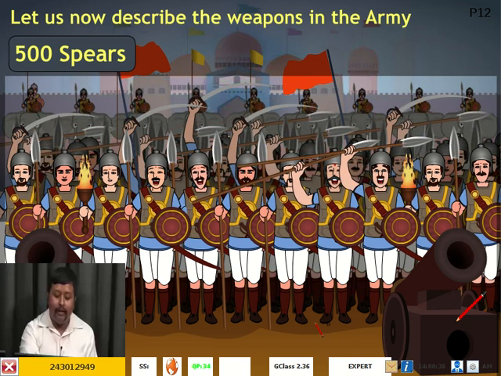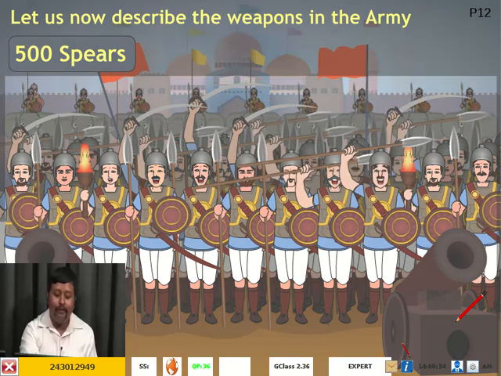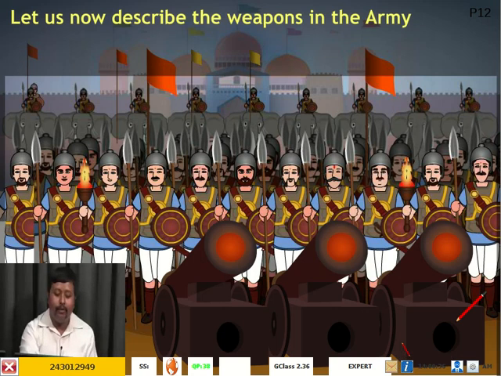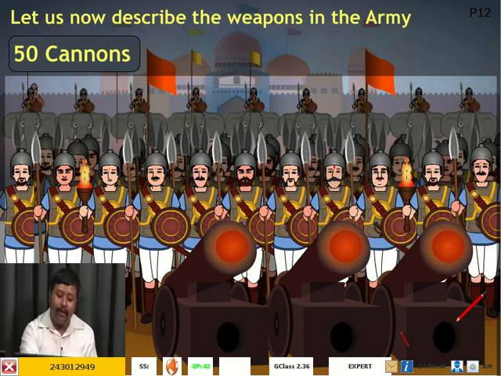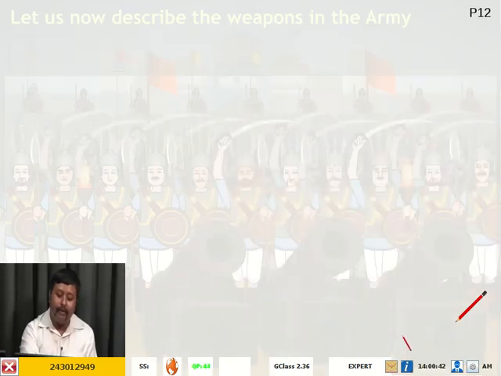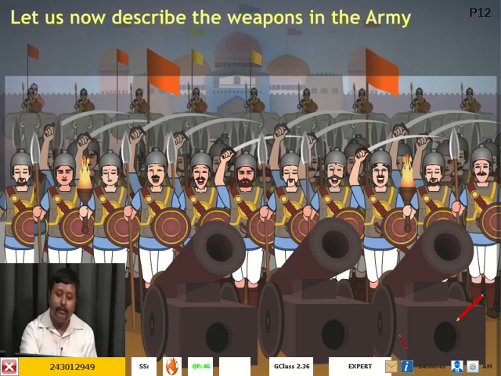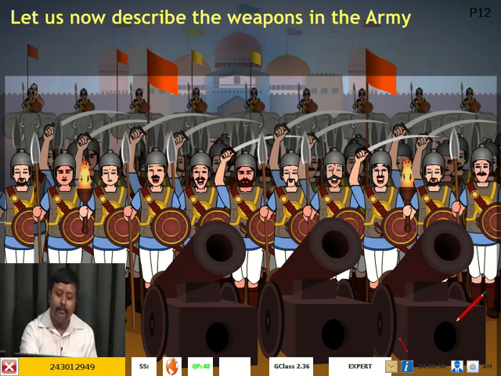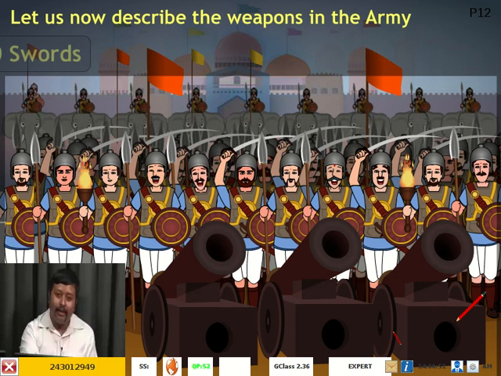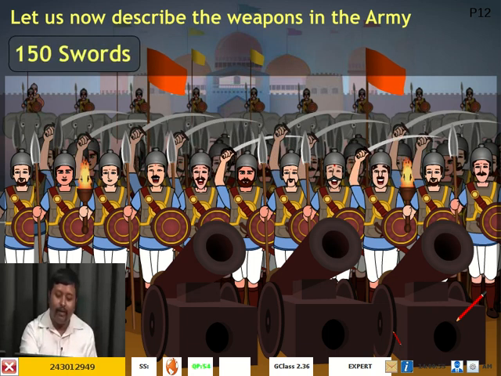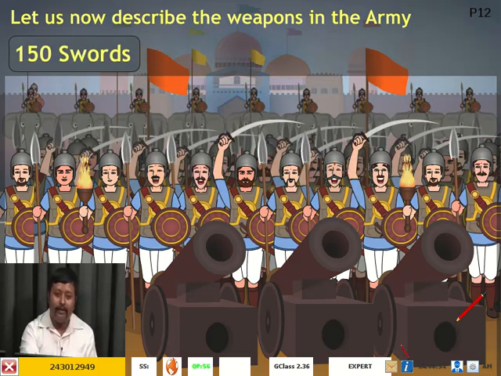Okay. Then what next do they have? 50 cannons. 500 spears, 50 cannons. Then what's next? 150 swords, isn't it? 150 swords.